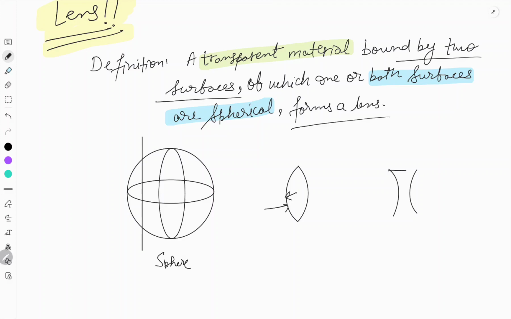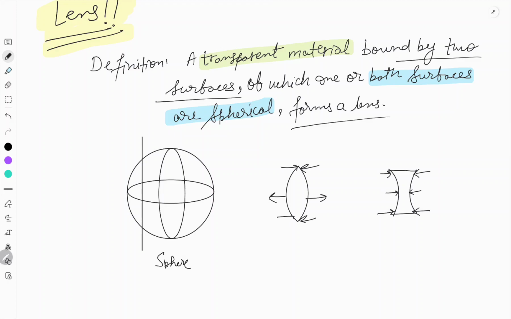So if I try to connect the bulged part, then we'll get some sort of a shape like this, which is thin from the middle, and is bulged out in the top and bottom, which is quite opposite of this particular shape, that is bulged from the middle, and it is quite thin on the top and bottom parts, right?